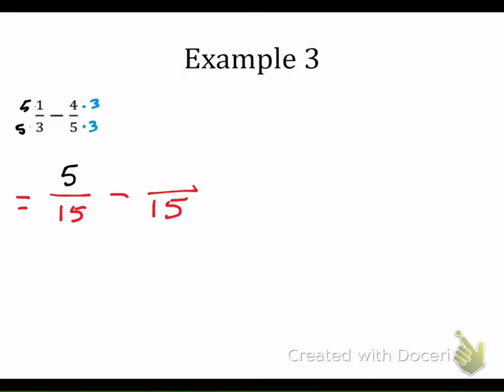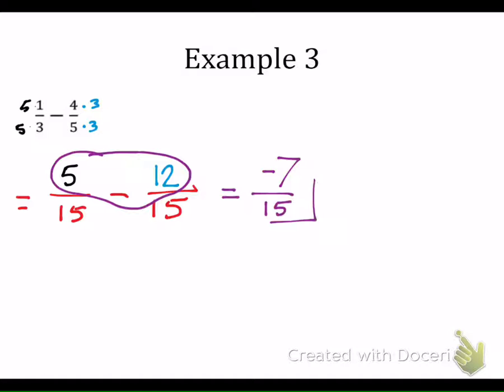Okay, so I need to multiply the numerator and the denominator by 3, and that gives me a 12. Once you have common denominators, you just focus on your numerators. So I actually need to do 5 minus 12. Well, 5 minus 12, from what I learned last week, is a -7. The denominator stays the same.